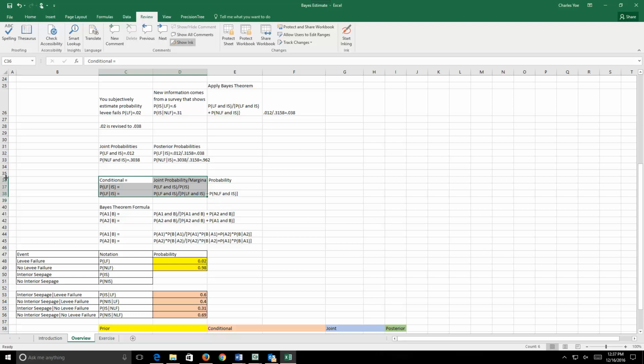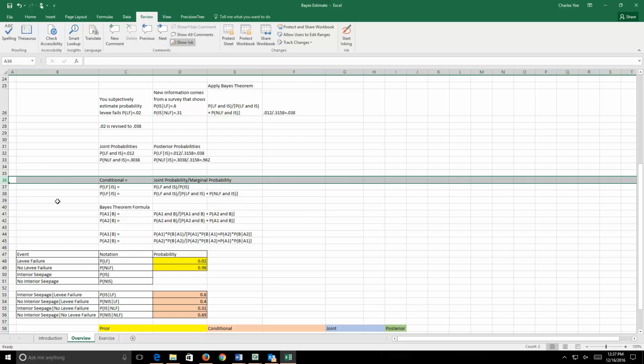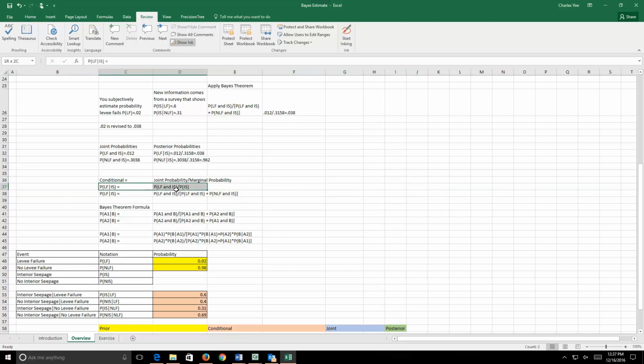So you have learned from the probability review that a conditional probability is a joint probability divided by a marginal probability. So these next two rows provide examples of a joint probability divided by a marginal probability. You'll see row 37 presents the simplest notation, and row 38 breaks the marginal probability of interior seepage down into its component parts in the manner that we were just looking at.